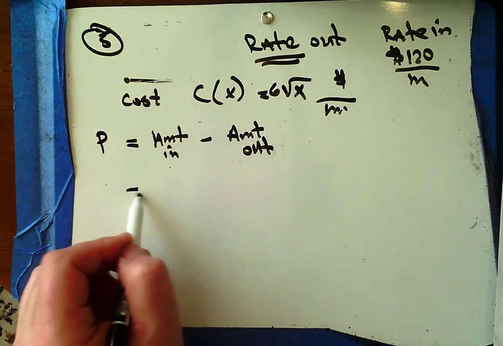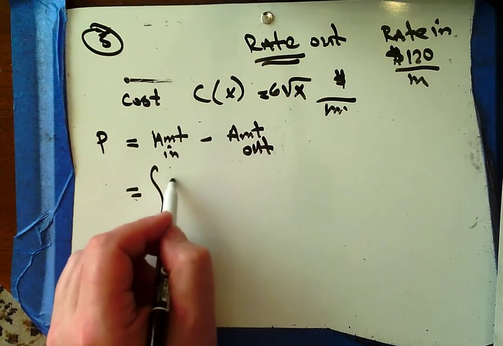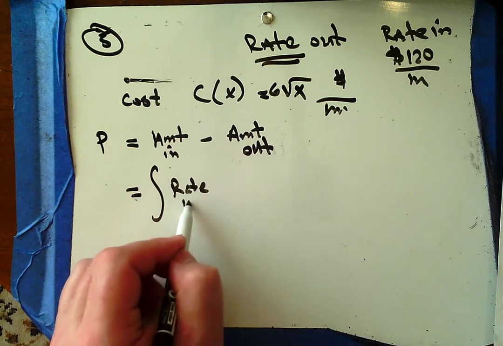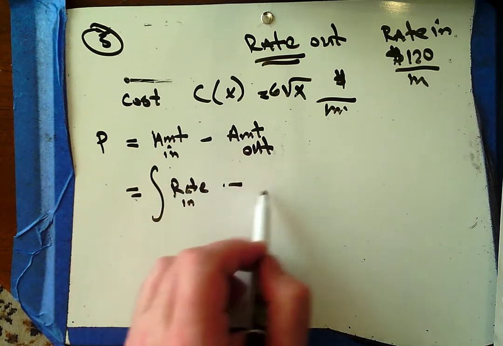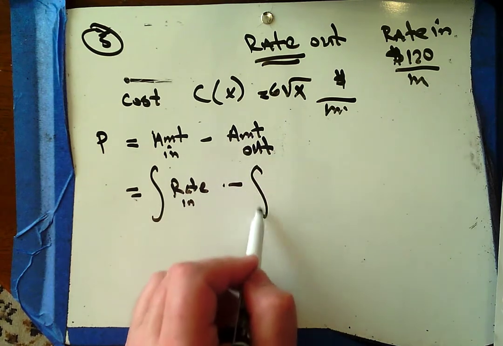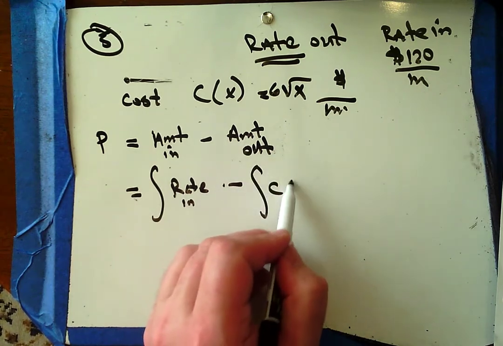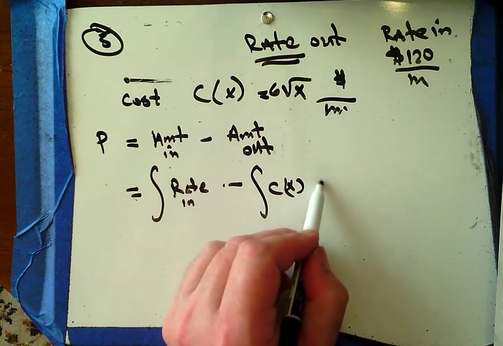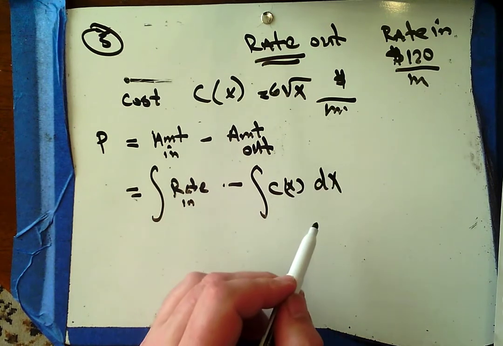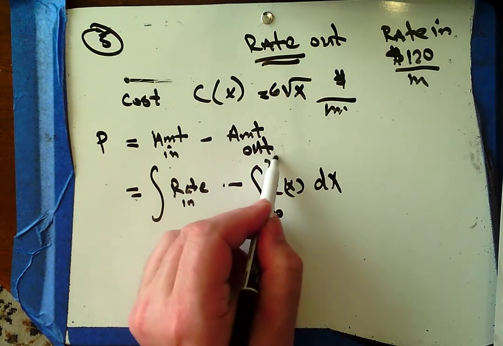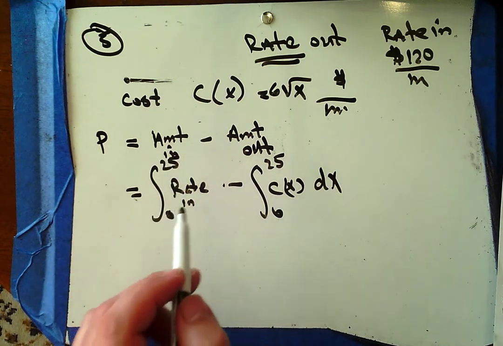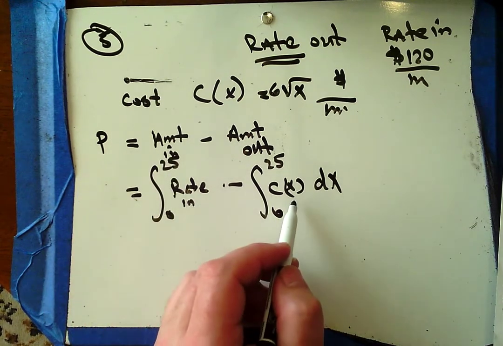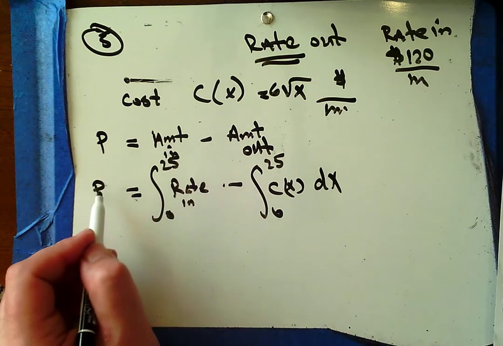The amount in is the integral of rate in minus the amount out is the integral of C of x. And we're integrating from 0 to 25 in each case. So that's the amount in, that's the amount out, and this is P, and I get a calculator.